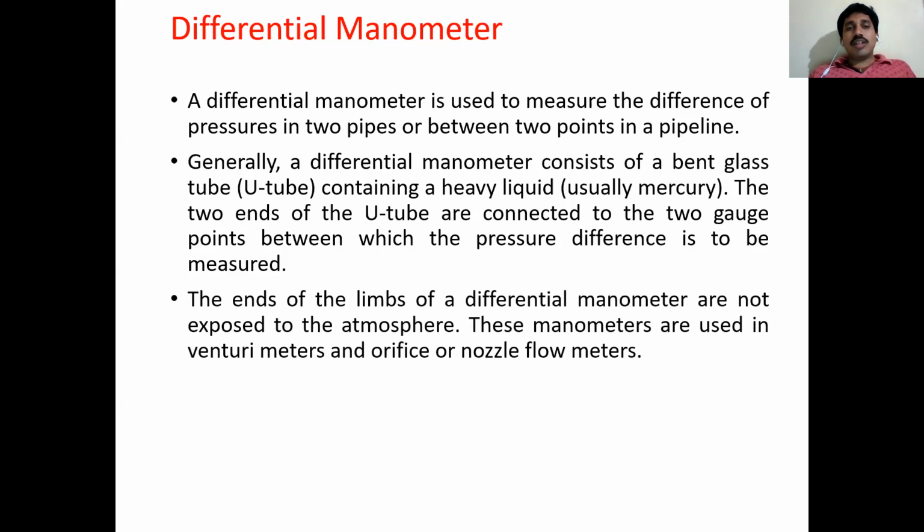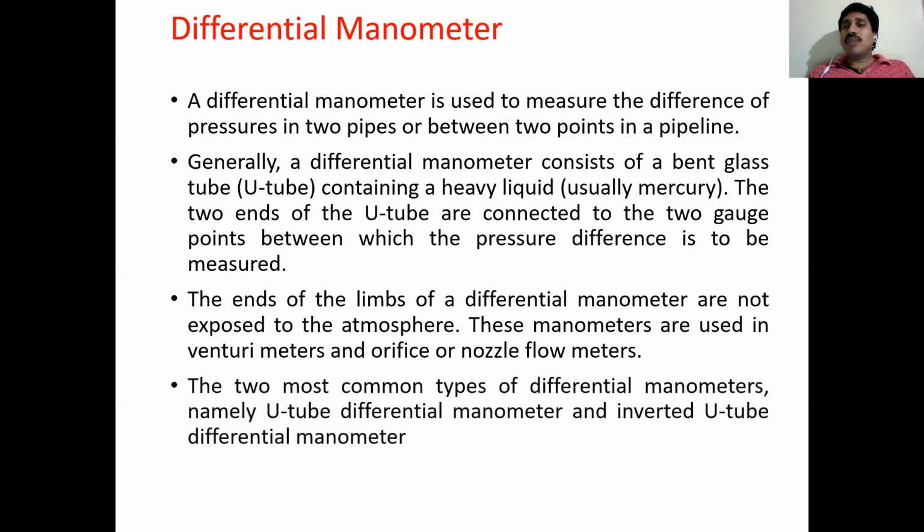So the ends of the limbs of a differential manometer are not exposed to atmosphere, and we use these manometers in flow measuring devices like venturi meters, orifice meters and nozzle flow meters. There are mainly two types of differential manometers available.